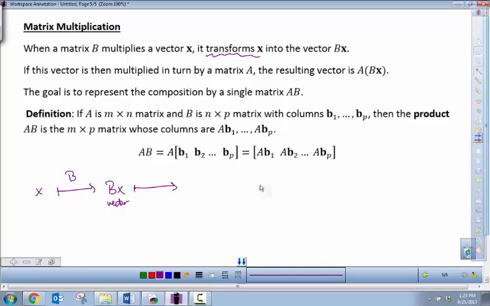And that vector can get sent to another vector if we have another transformation called A. Then we're going to apply A to B of x.